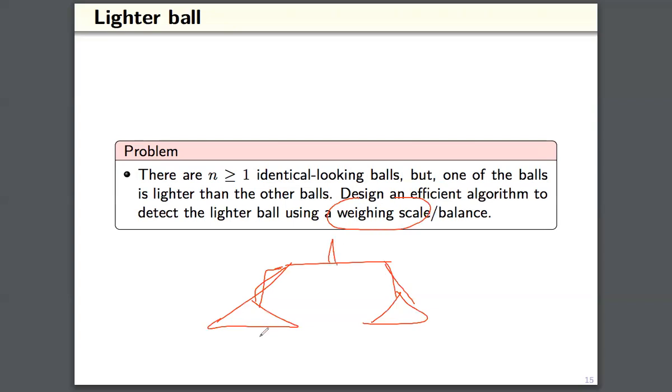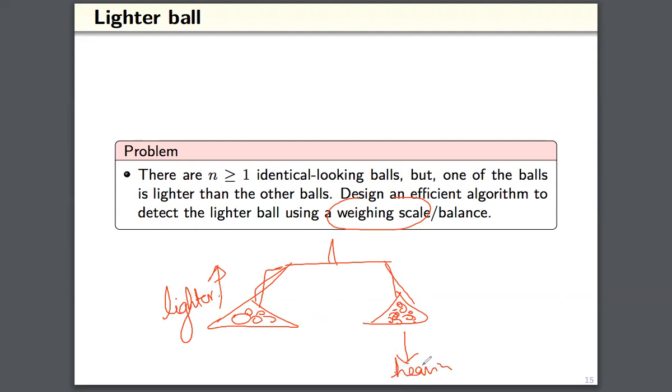Okay, something like this. So you can have some balls here. In here, you can weigh. So whichever goes up, the other goes down. So that can mean either the lighter ball is here or the heavier ball is here.